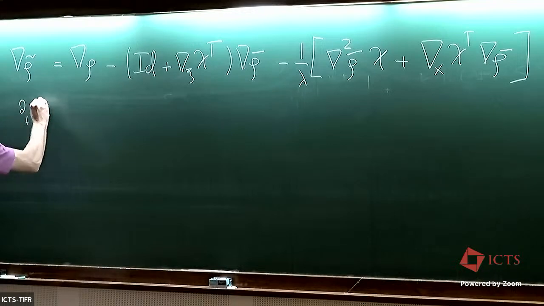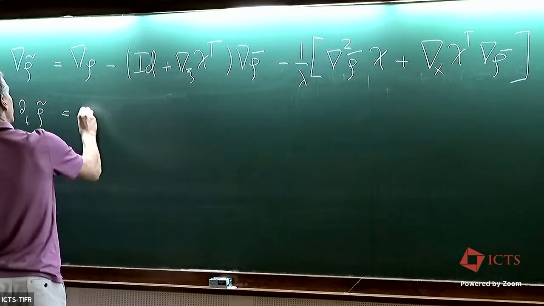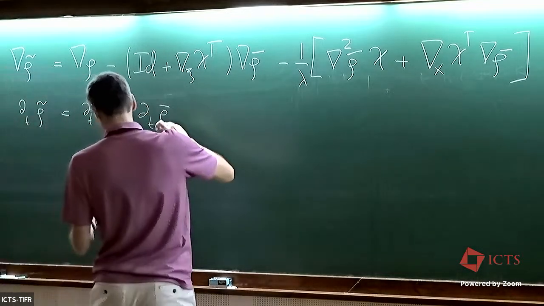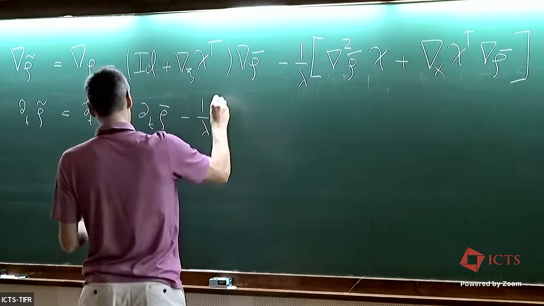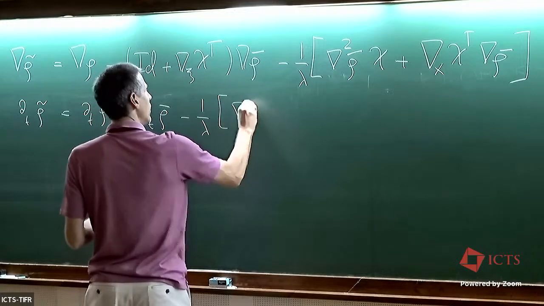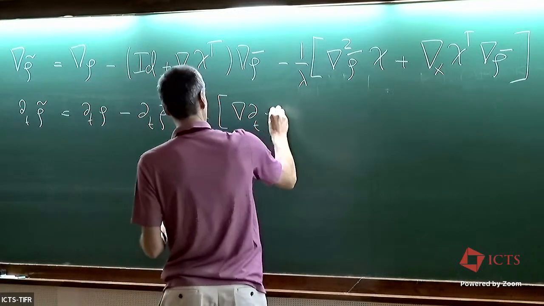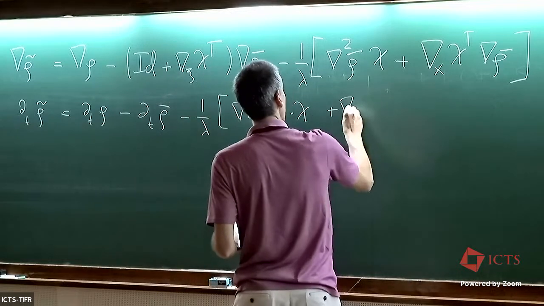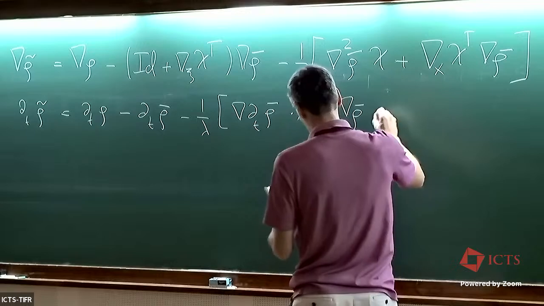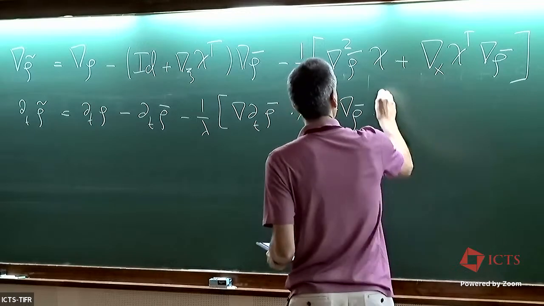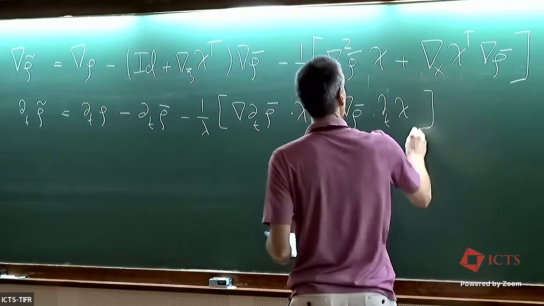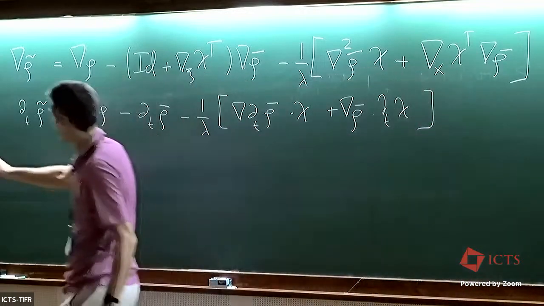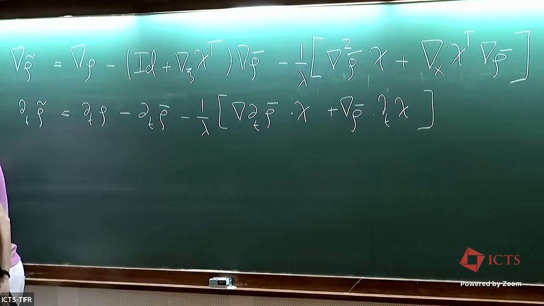Okay, the time derivative has a similar form, minus 1 over lambda mixed derivative of the rho bar times chi plus 1 derivative of the rho bar times dt chi. So this dt and the dx are derivatives of the slow part of this perturbation.